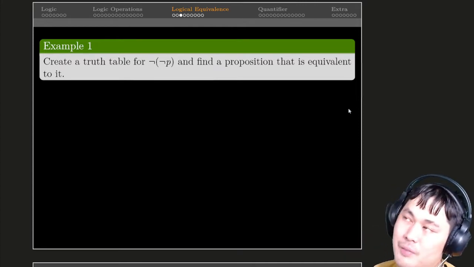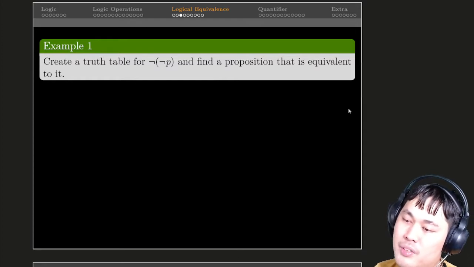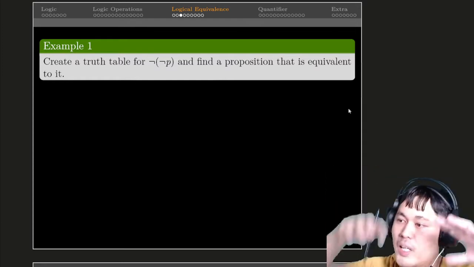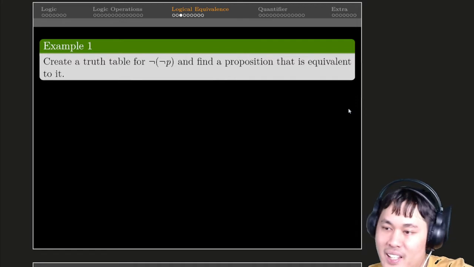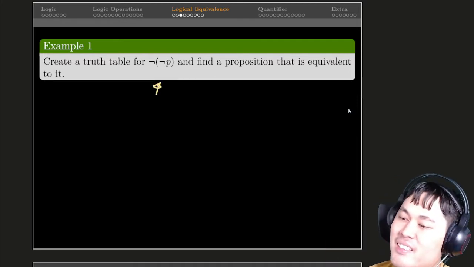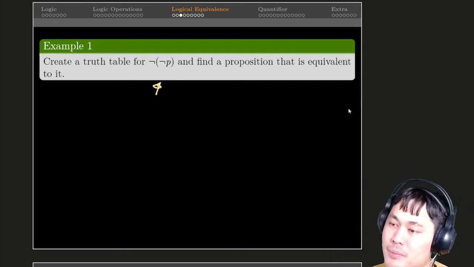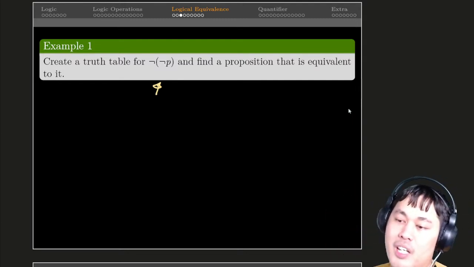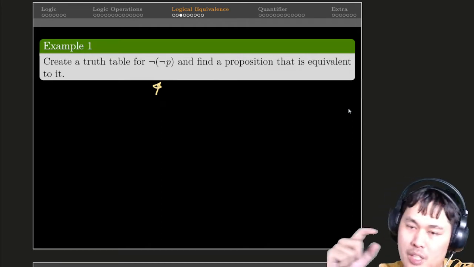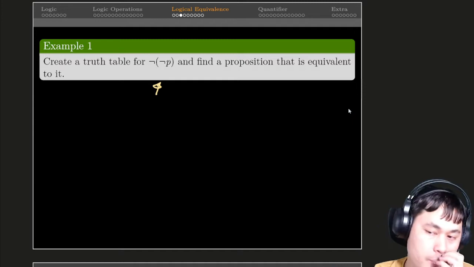Usually in other classes or in a typical textbook, you are given two statements and you are asked to compare them. But here I asked you to do one and then I asked you to find another. Just like when you do a jigsaw puzzle, you have two pieces and you see if they match.